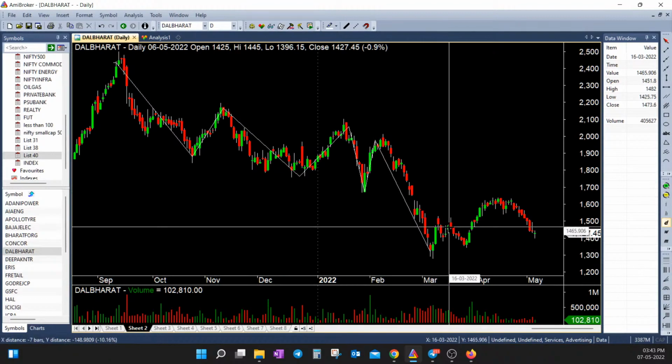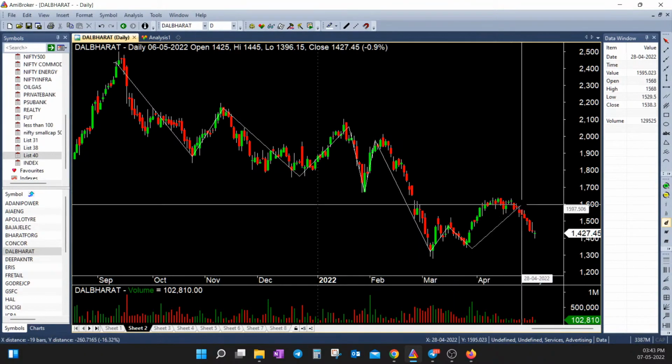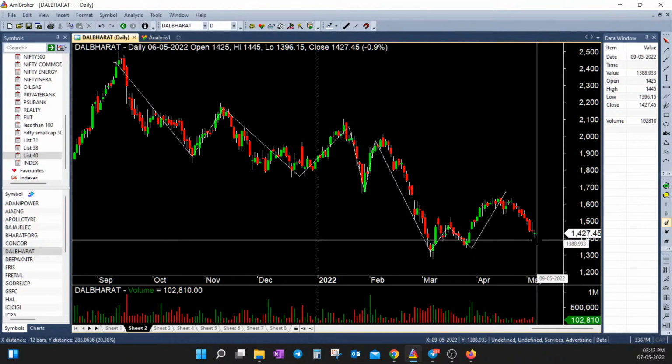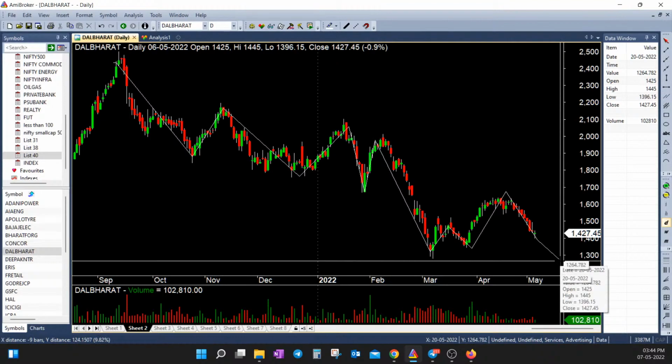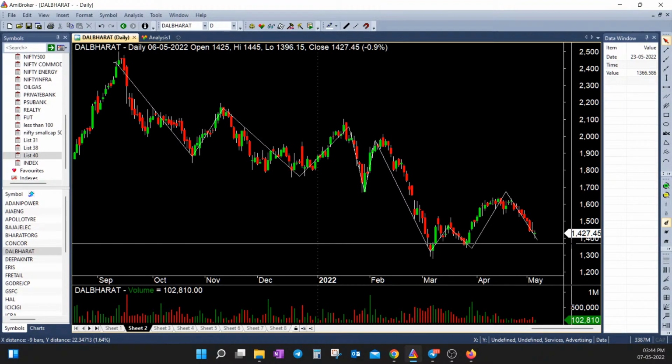Is it clear now? Here what happened? Next, where will it move? Will it move downwards or will it move upwards? Where should I mark it?